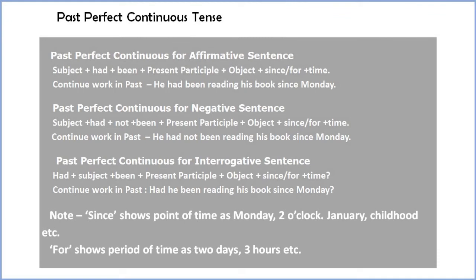For example, he had not been reading his book since Monday. Now, for interrogative sentences, the rule is had plus subject plus been plus present participle plus object plus since or for plus time as well as a question mark.